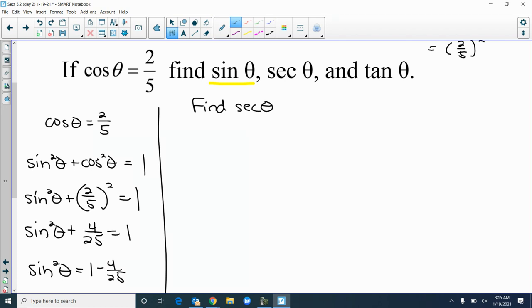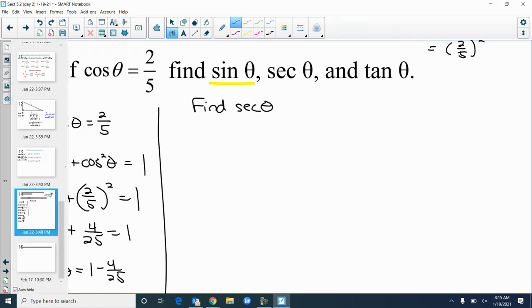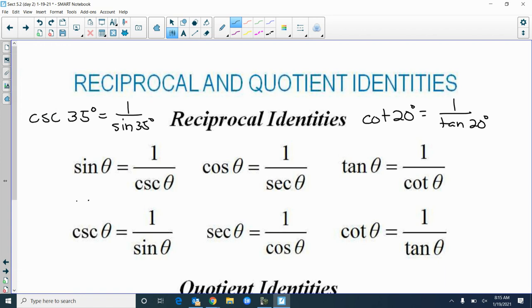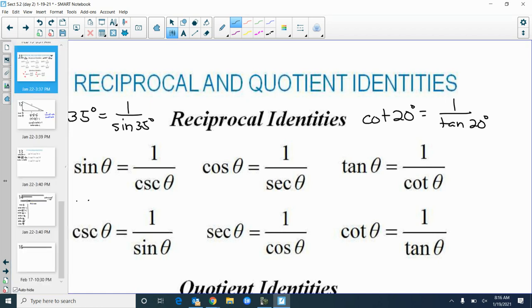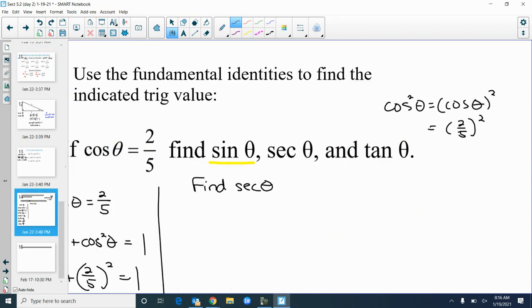Secant of theta equals 1 over cosine. Secant is 1 over cosine, cosecant is 1 over sine. I misread it earlier.